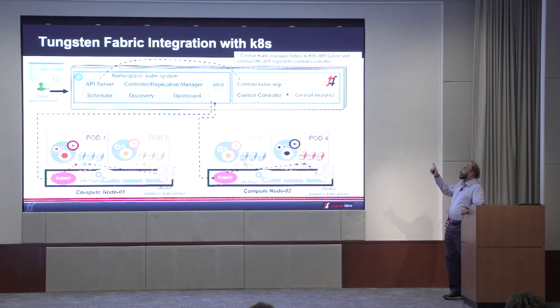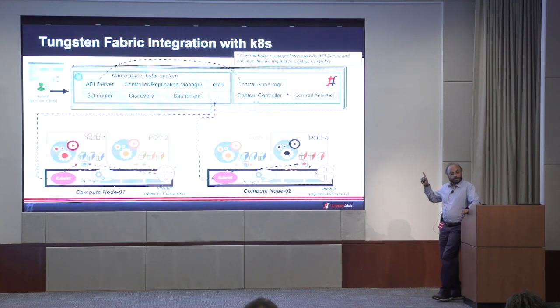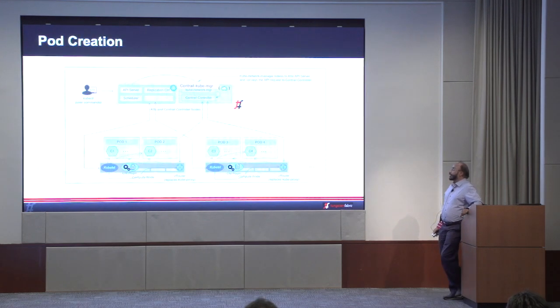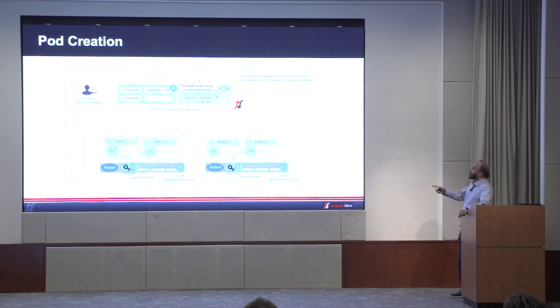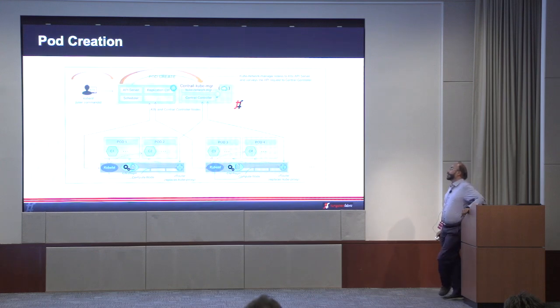So what we have created is a Contrail Kube Manager, which listens to the API server and essentially does for Kubernetes workloads what was being done for the virtualized workloads. Here is a quick example: the user does kubectl to launch a pod. The API server talks to the Contrail Kube Manager. Here you're launching a pod create, and that request goes to the controller.